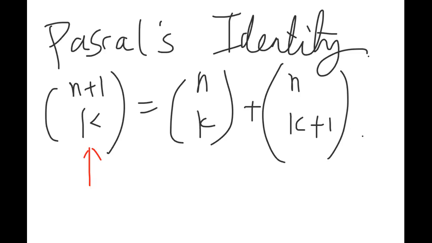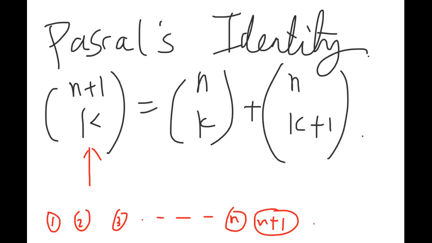So to pick k items from these n plus 1 items, labeled 1, 2, 3, and up to n plus 1, there are two kinds of situations.